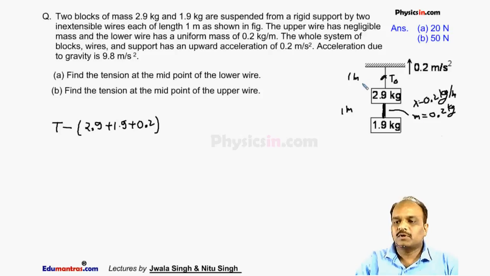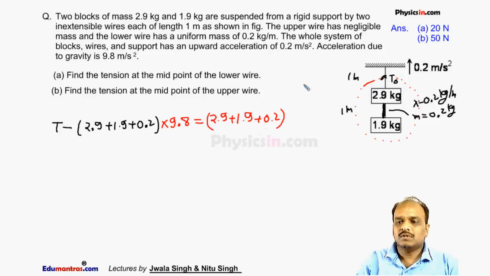We are drawing the free body diagram of this whole system. Into g, that is 9.8, is equal to the mass, 2.9 plus 1.9 plus 0.2, into acceleration. Here the acceleration is 0.2 meter per second square.